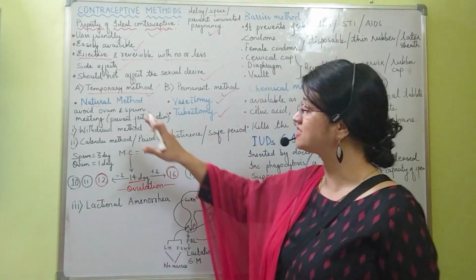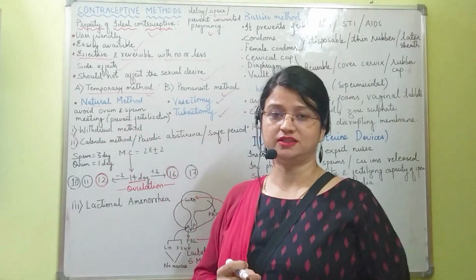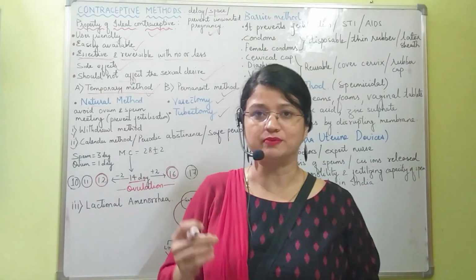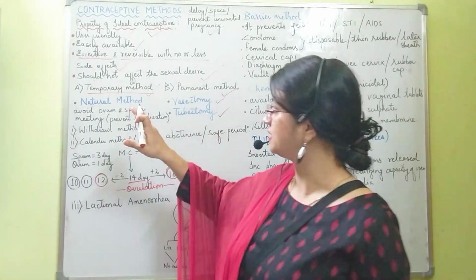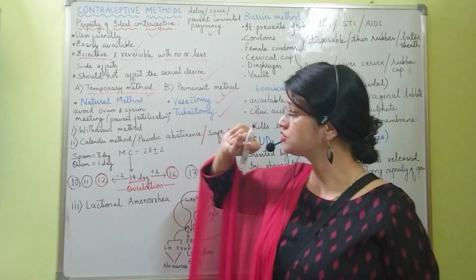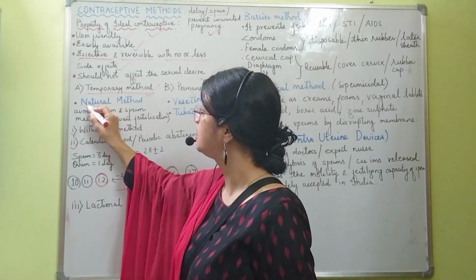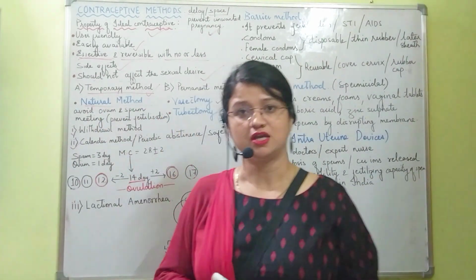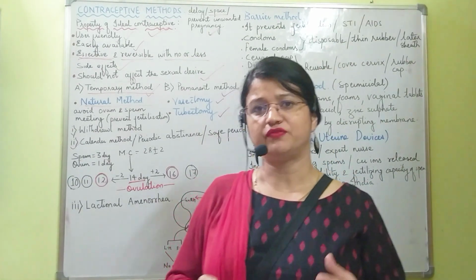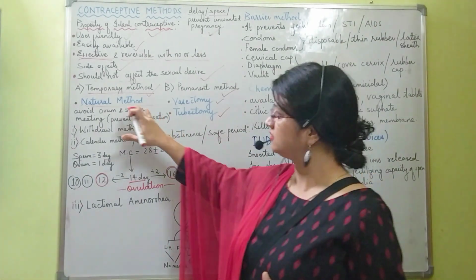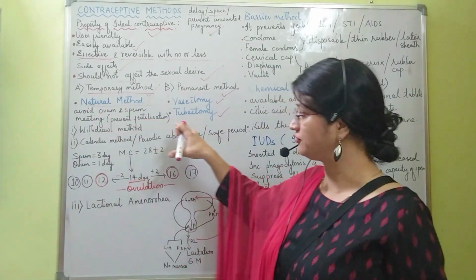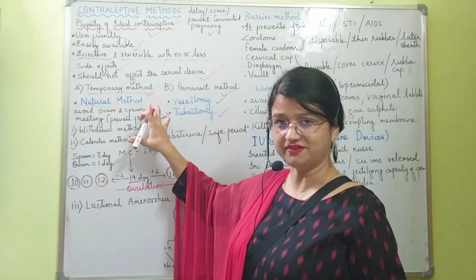In this, we will study the natural method, the barrier method, IUCDs, and oral pills, and all these are included in the temporary method. First of all, we will discuss the natural method. In the natural method we are not using any equipment; it is just a natural process which we use if we have knowledge of the reproductive system.